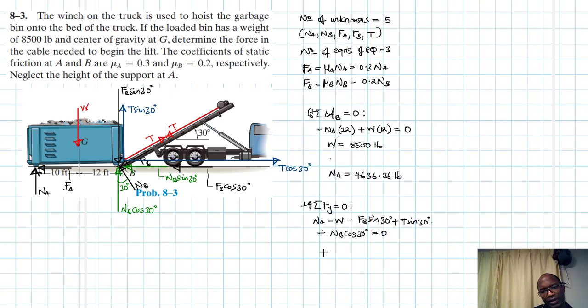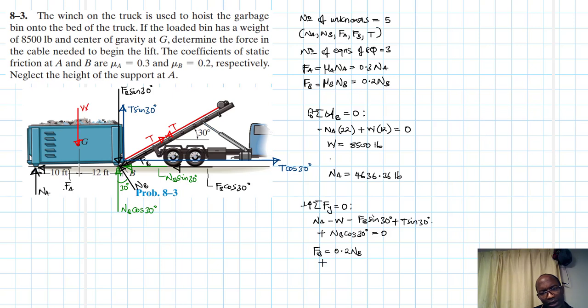So how many unknowns do we have here? And we know that FB, so we can write this in terms of NB. We know that FB is equal to 0.2 NB, right? So if we were to work it out now, so that we factor out the NBs, this gives us NA.